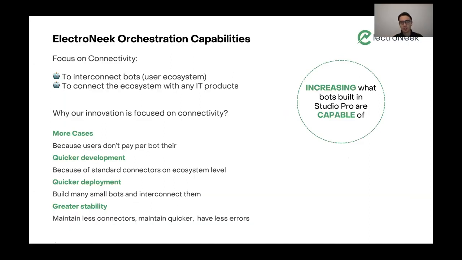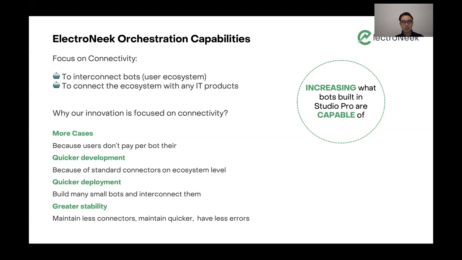You can keep a status on them, keep the logs of them. It brings more organization, more structure to the bot ecosystem. But then it comes to the point, okay, you have an ecosystem of bots. Can you connect it to any other IT tool or data flow or data lake? Yes, that became the major focus for us.